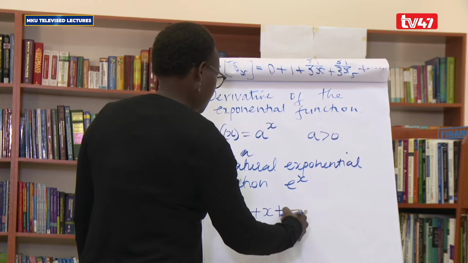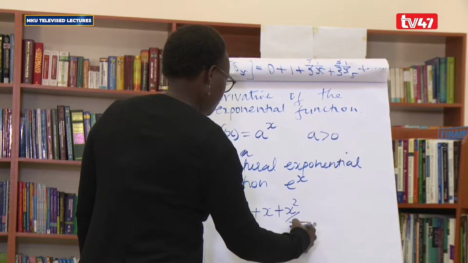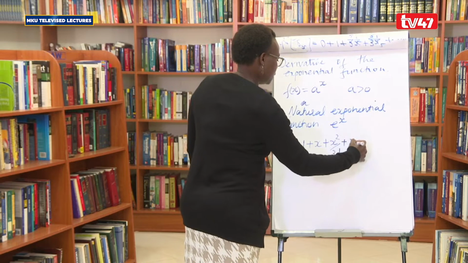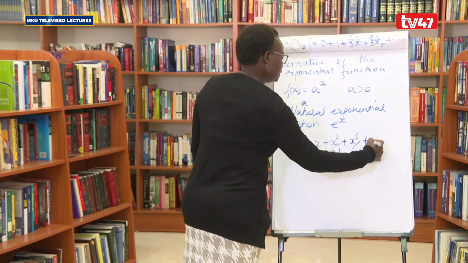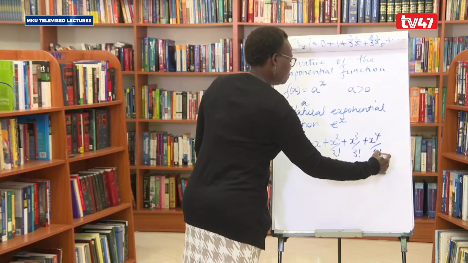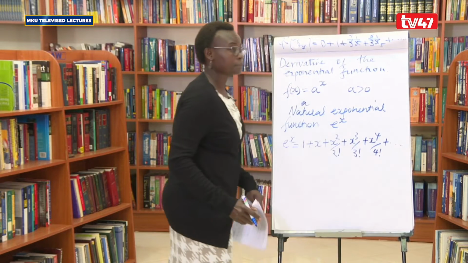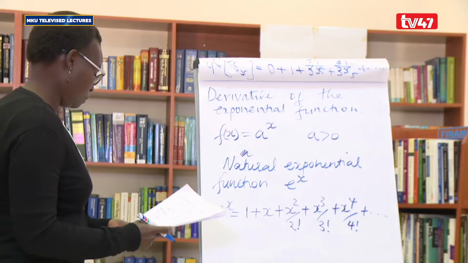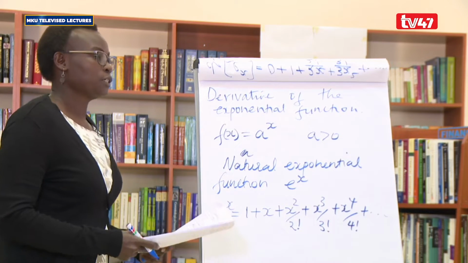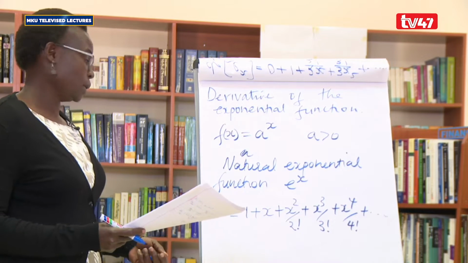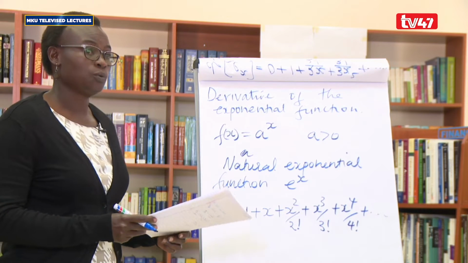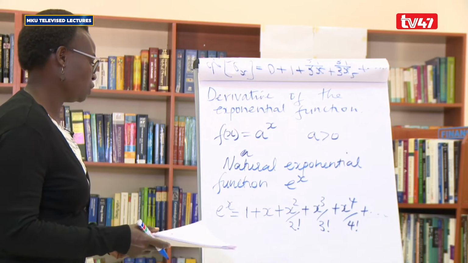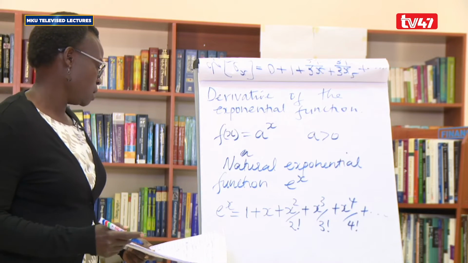plus x plus x squared over 2 factorial plus x cubed over 3 factorial plus x raised to power 4 over 4 factorial plus, where of course 2 factorial is 2 times 1, 3 factorial is 3 times 2 times 1, and 4 factorial of course is 4 times 3 times 2 times 1.